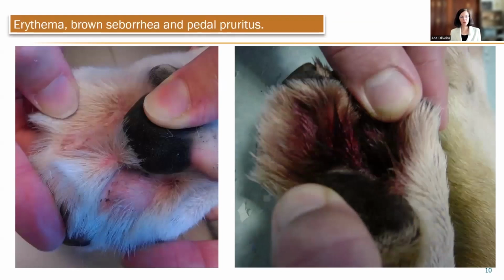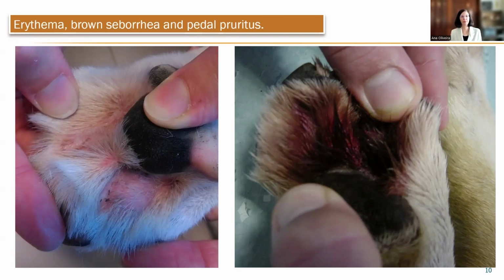Okay, so how are we going to recognize the clinical signs of Malassezia dermatitis? Now, one common sign is, without any question, pedal pruritus. Someone will say he licks and he licks his feet. And this pedal pruritus can affect the front limbs, the hind limbs, all of them at the same time.